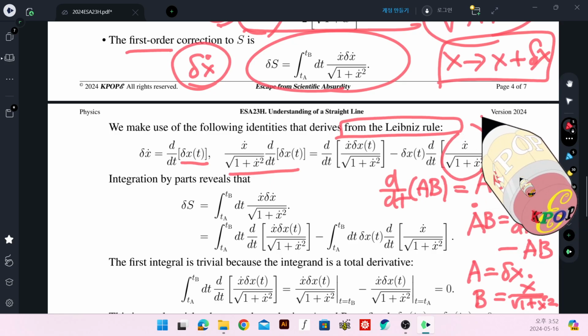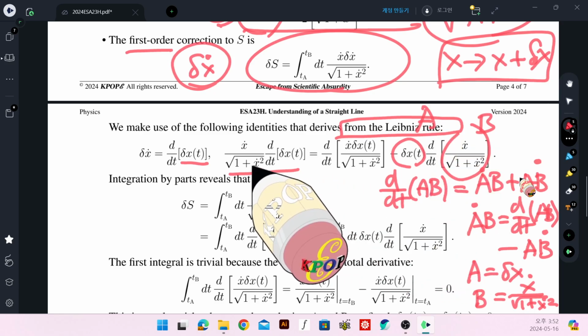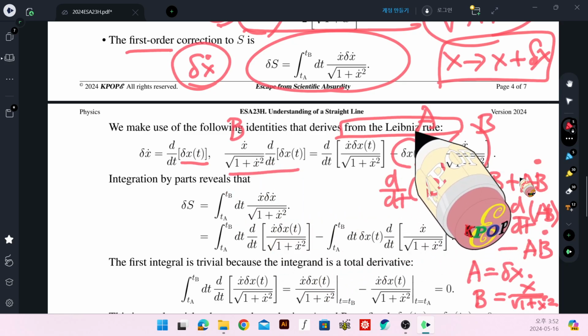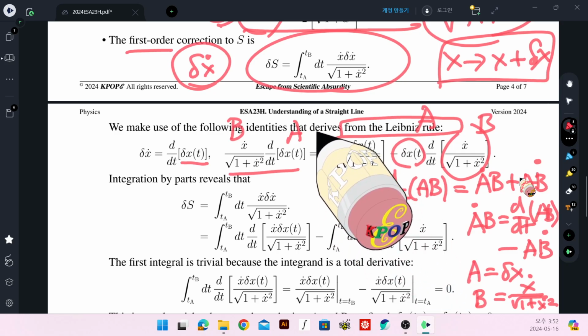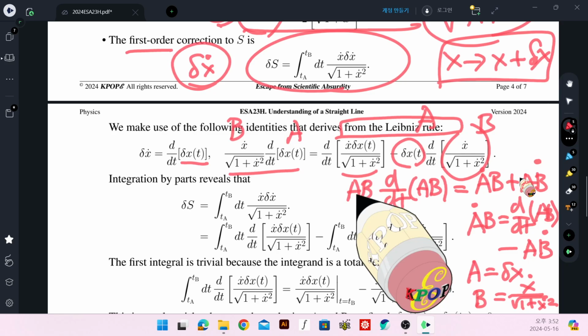So this is b and this is a. And what's that? This is b and the time derivative of a. All right, so this is the time derivative of a times b. This is the direct application of Leibniz rule.